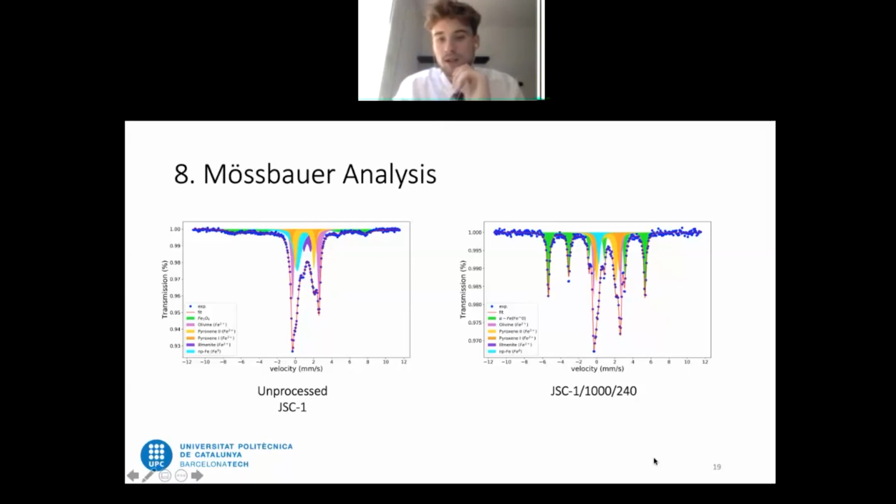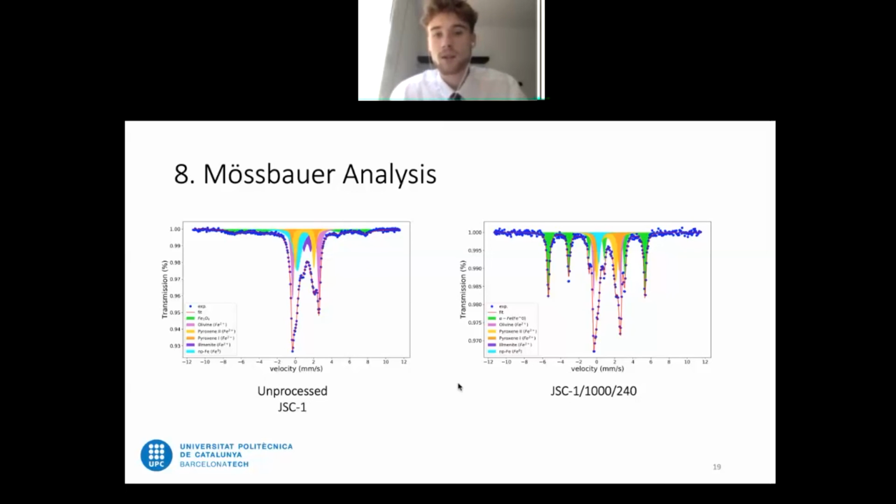It can be seen as well that we only utilized JSE1 at 1000 degrees for 240 minutes and the unprocessed JSE1. This was solely down to time. However, this does give a good basis for viewing the increase in content of metallic iron, as it was recorded that there was a 30% increase in the metallic iron present when comparing the JSE1 240 to the unprocessed JSE1.